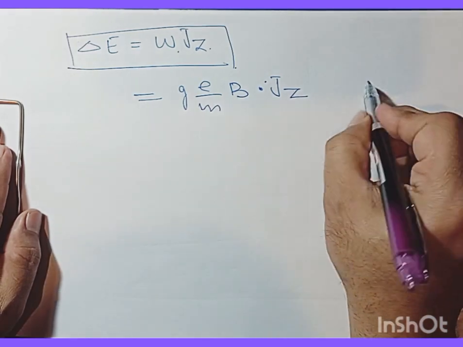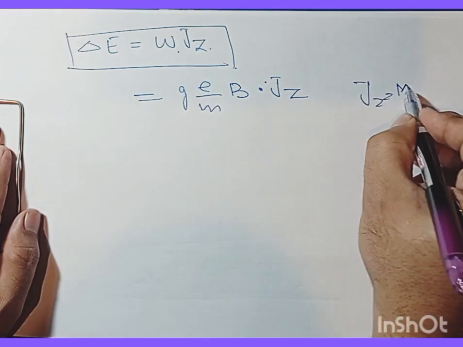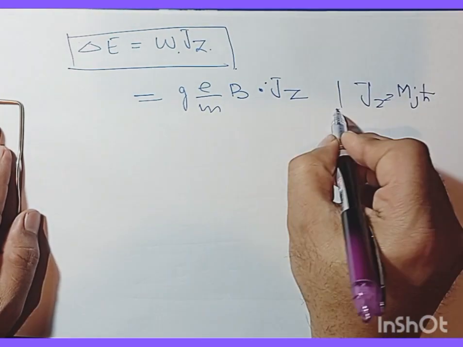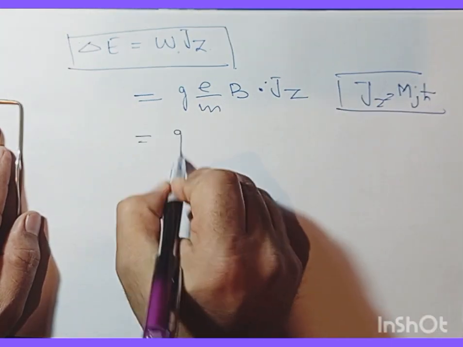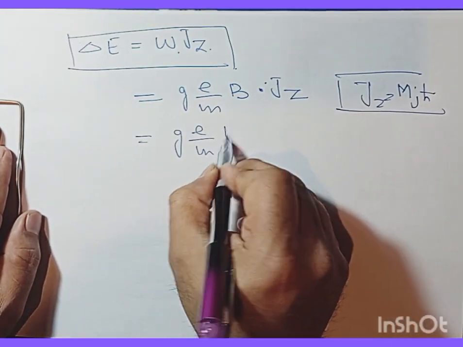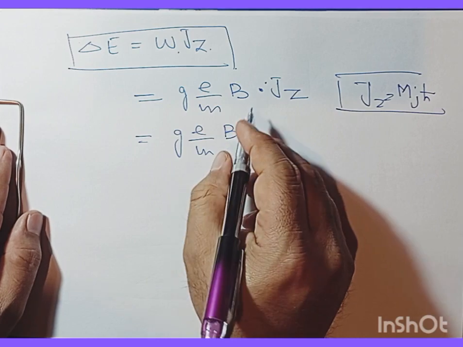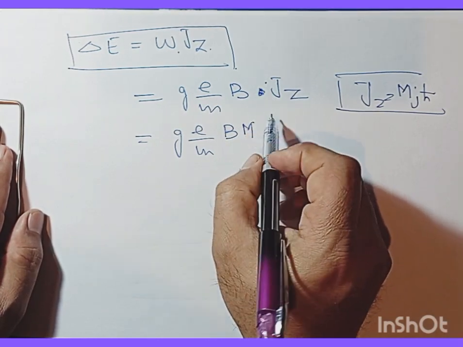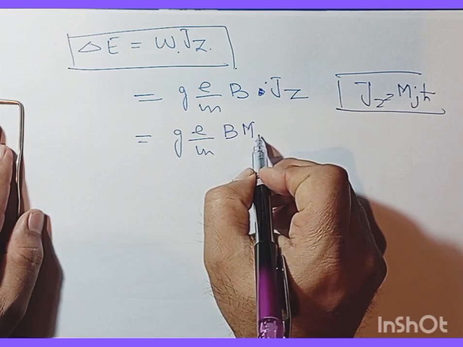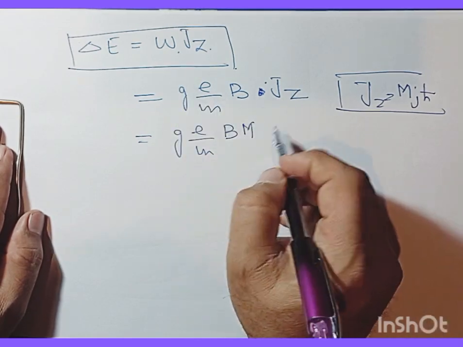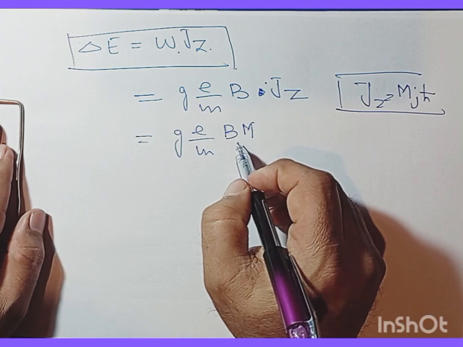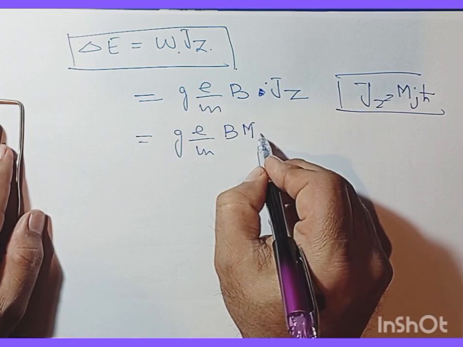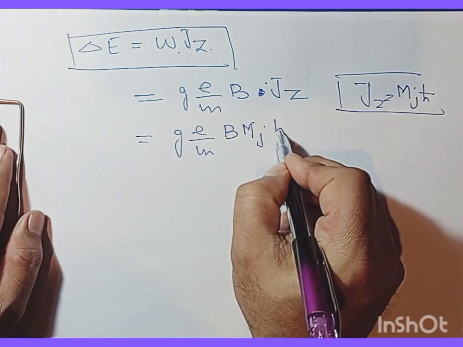And what is this J_z? This J_z is m_J h cross. So we write g e by m B m_J. This is not the dot here. This is plain multiplication because this is already evaluated, so this is B, then m_J h cross.